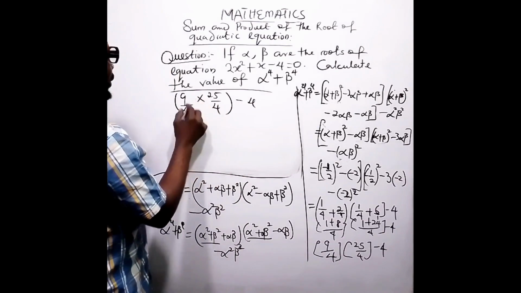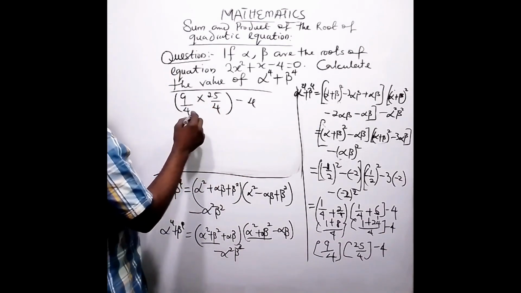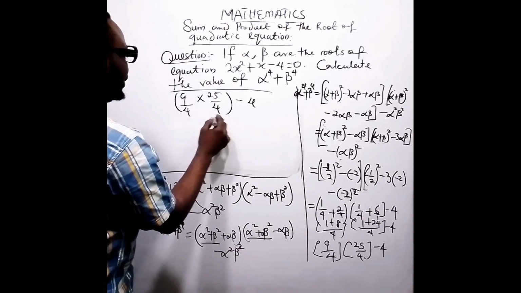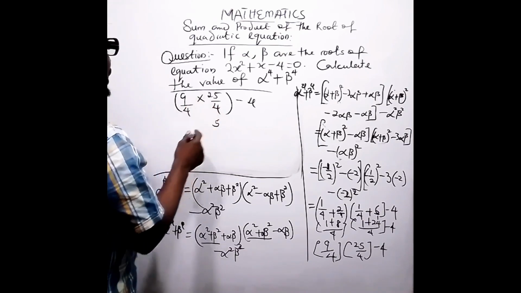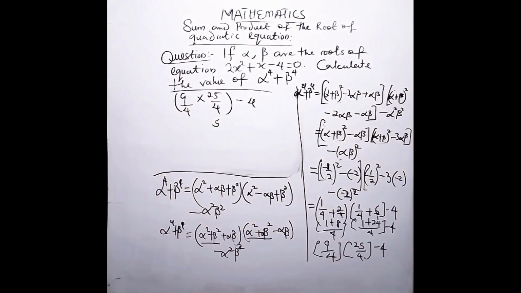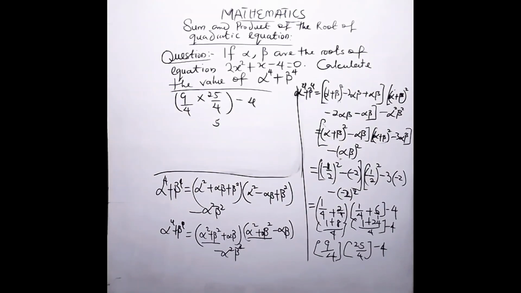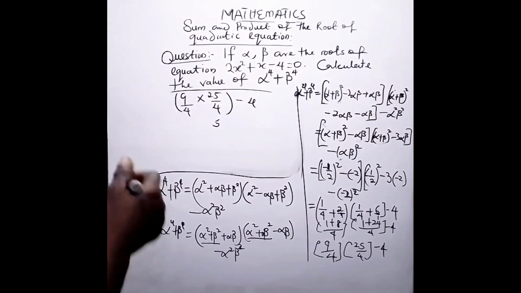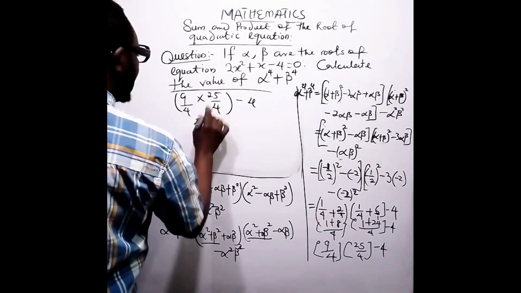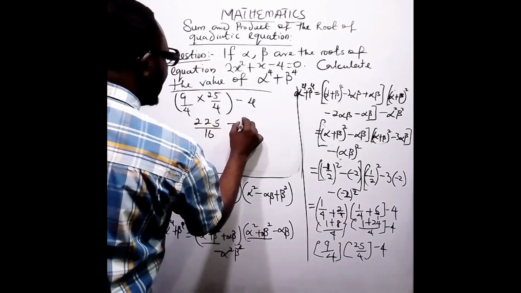So you are having 9 multiplied by 25. 9 times 5 is 45, that is 5 remain 4. 9 times 2 is 18. 18 plus 4, that will be 22. That is 225 over 4 times 4 is 16, minus 4.